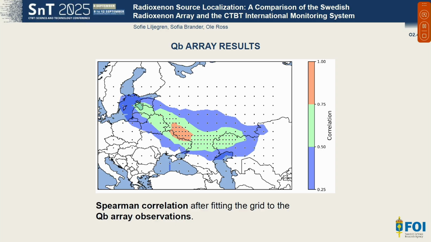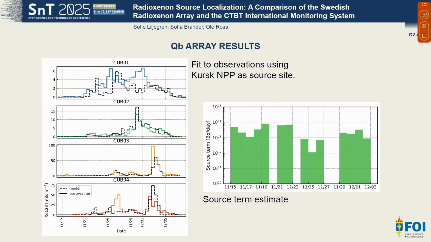Just to show what the result of one of these investigations looks like, this is a fit to a site that we know, a nuclear power plant, in this red area. This is the Kursk nuclear power plant. What you see to your left is the observations in the solid colored lines, and the striped black lines are the model fit using Kursk as a source site.